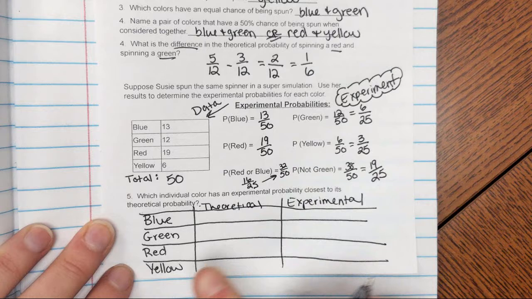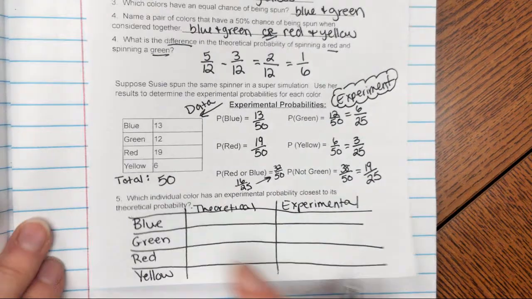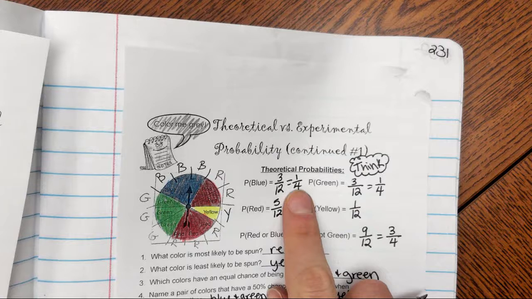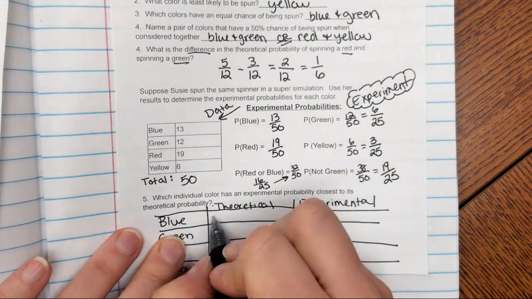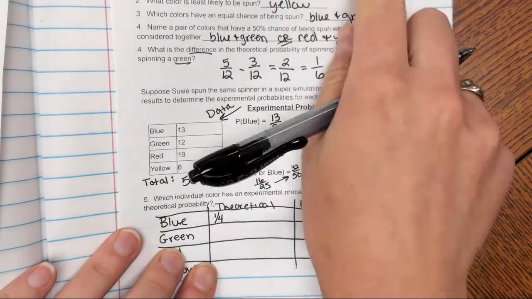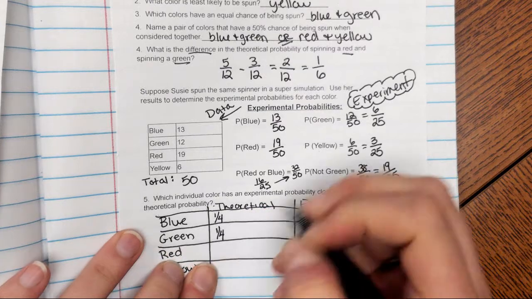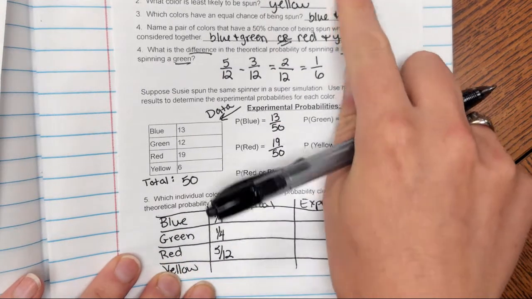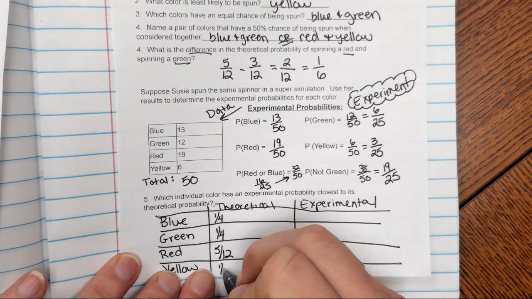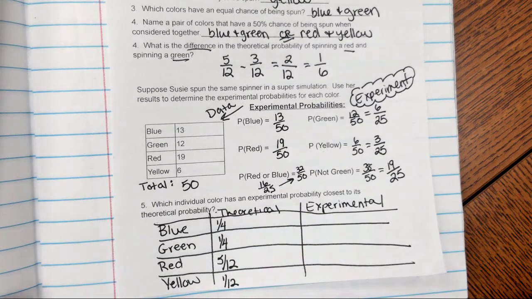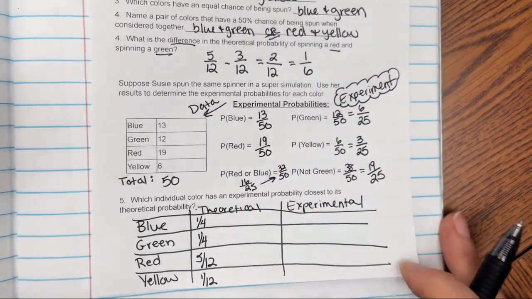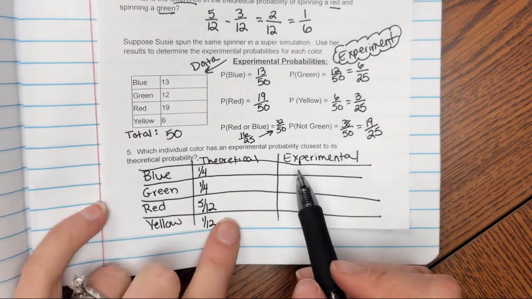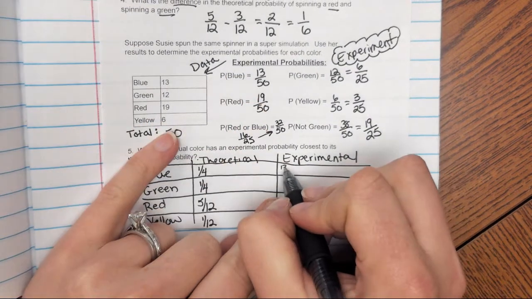So if I look back at the top, my theoretical probability of getting a blue is 1/4, right there. So I'm going to fill in 1/4. Green, go back up to the top, is also 1/4. Red was 5/12, and yellow was 1/12. And then if I go to my experimental, which I just calculated a couple seconds ago, my experimental probability of blue is 13 out of 50.